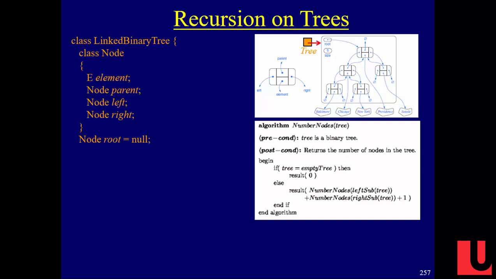So when we're recursing here, we could say that what we're passing is a tree, but we're not really passing a tree. We're actually passing a reference to the root. Does that make sense? Do you have any thoughts? Everybody kind of follow that?